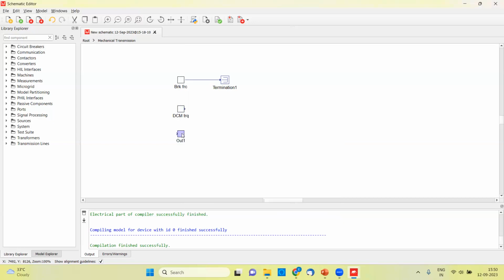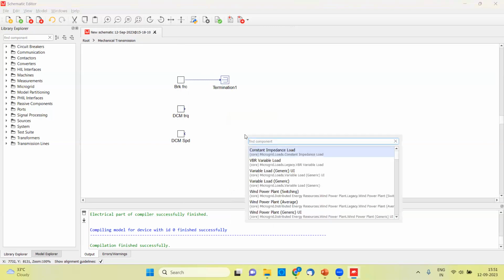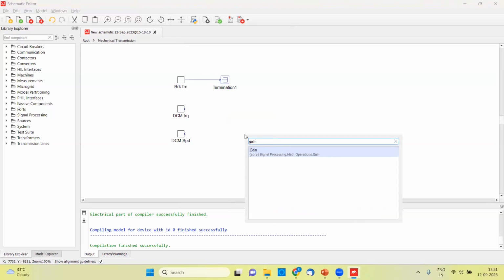We are providing this output from this block, and this is going as an input to the drive unit. The name of this block is DCM speed. This speed is generated from the mechanical transmission, and it goes as an input to our DC motor. Now I'm going to use one gain block.